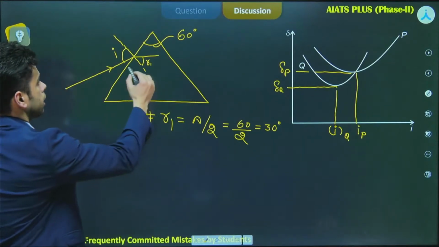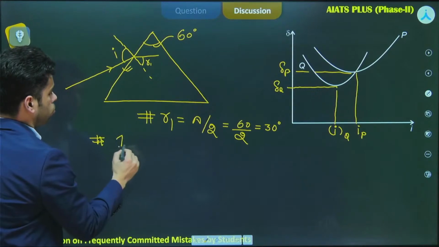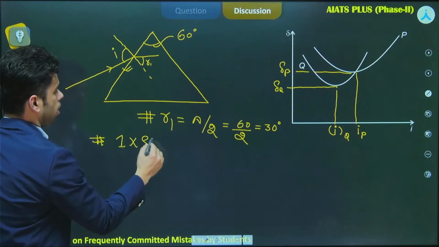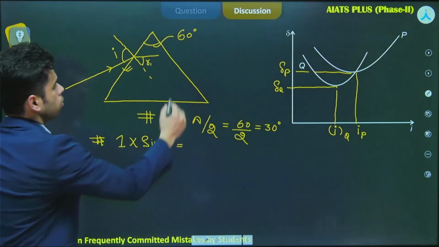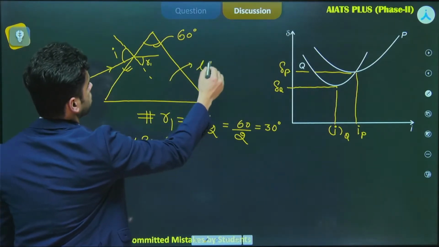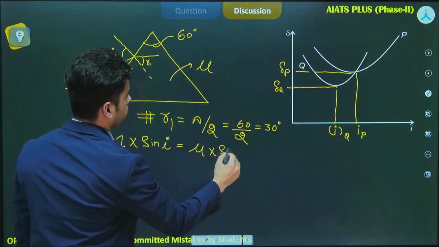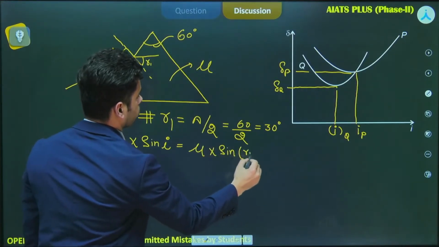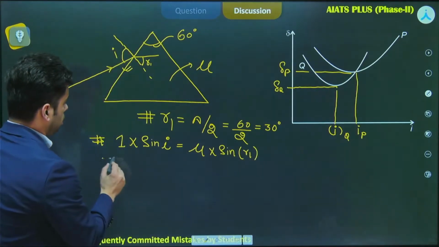Now let me apply Snell's law on this interface. I'll write 1 into sine of I, it should be equal to, let me take the refractive index of this prism as mu, so it will be equal to mu into sine R1. Let me simplify this.